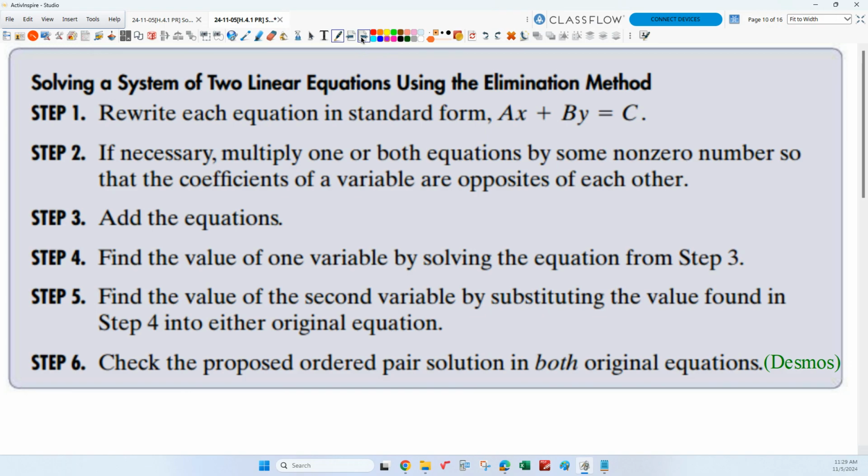So when I add them up, they cancel. When I add the equations, that will eliminate a variable, hence the name elimination, which gives me an equation with only a single variable, which I can solve easily, and then I just plug that back into the easiest of the original equations to find the other variable.